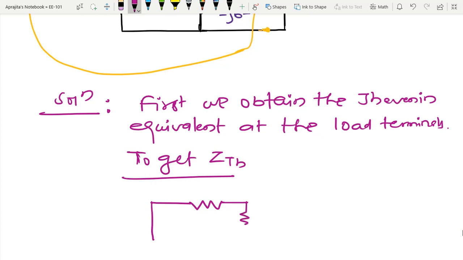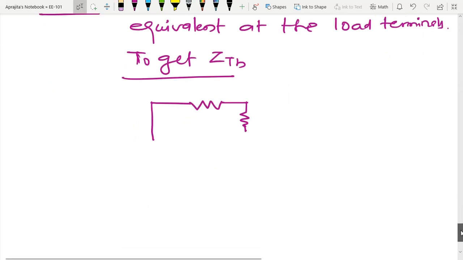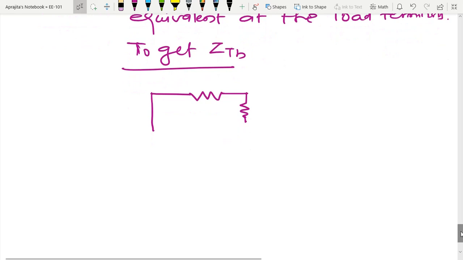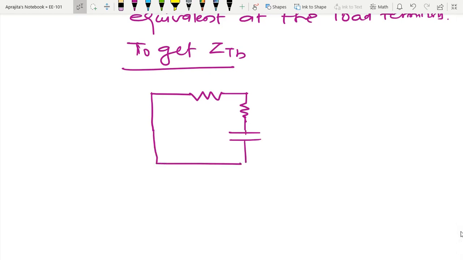After that I have a resistance, and one of the reactances is connected with this, and after that I have this. So this is our equivalent circuit, and this particular thing is ZTH.